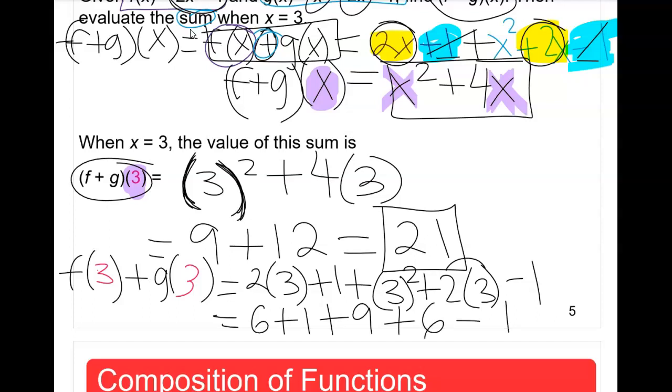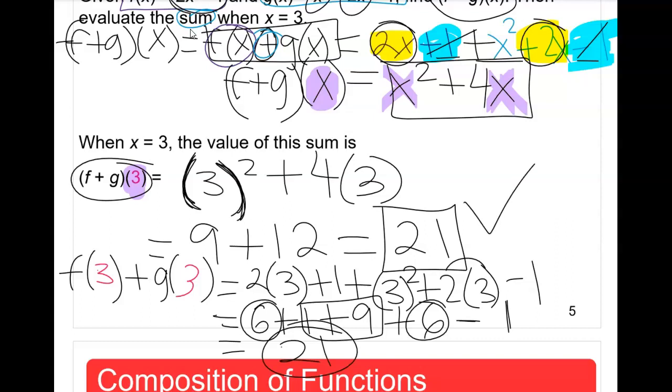So let's see if we get 21. Here we get 7, and then 9 plus 6 is 15 minus 1 is 14, and 7 plus 14 is 21. So we get the same thing either way. So they do have the same meaning.